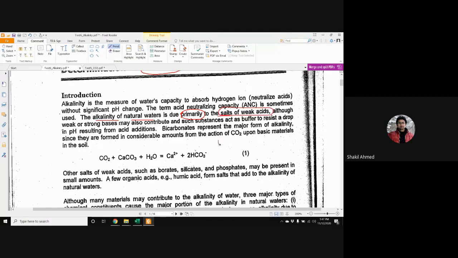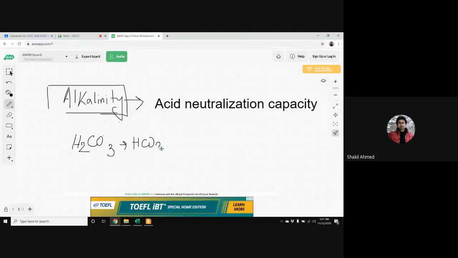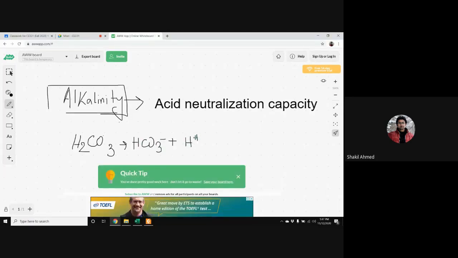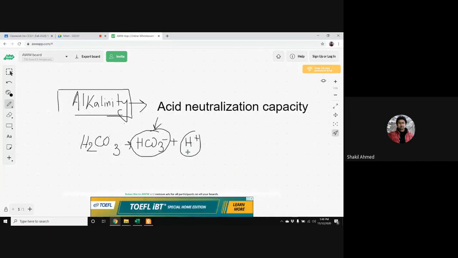For example, carbonic acid is a weak acid, H2CO3. So it gives you bicarbonate ion, which has the capacity to consume hydrogen ion.